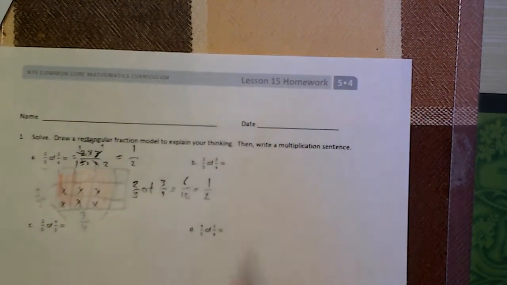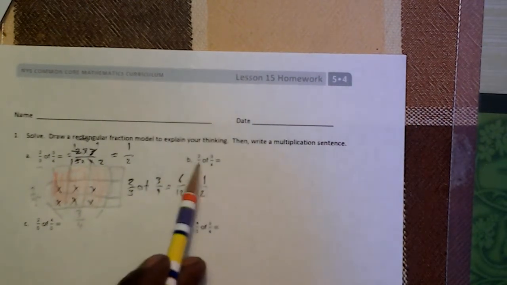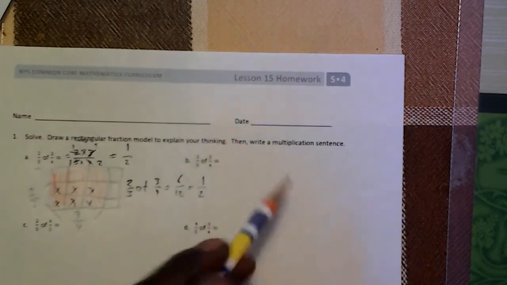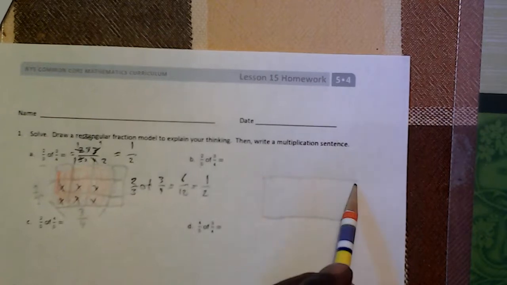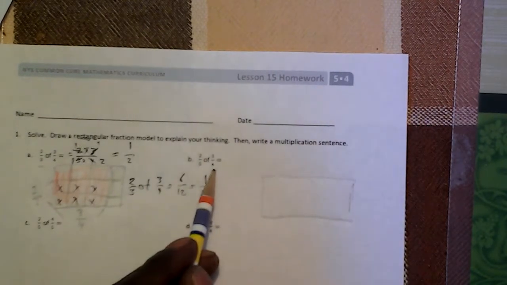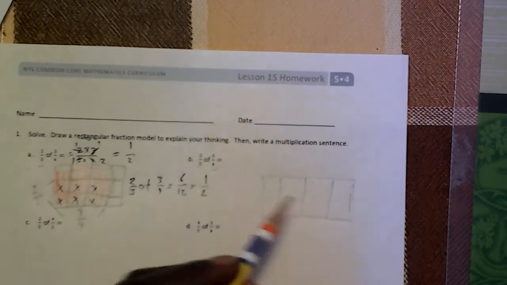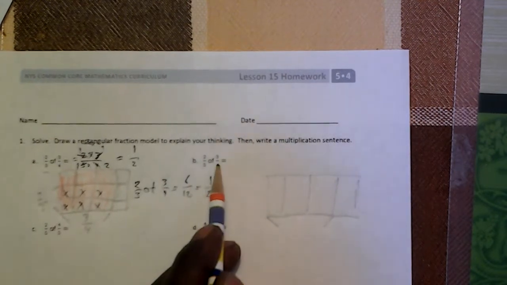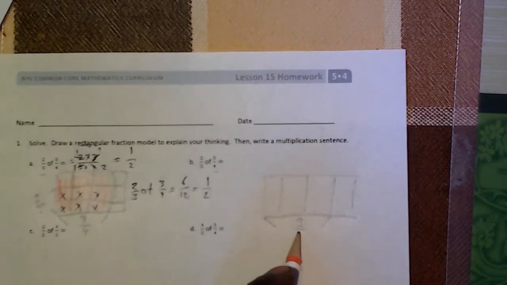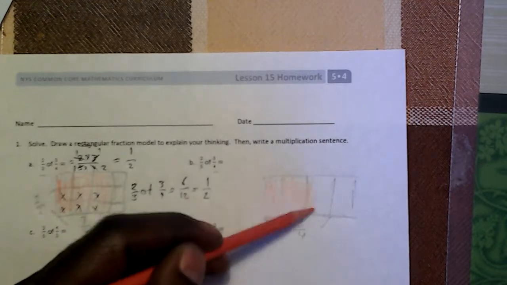So second one, I'm going to speed up a little bit, okay? So we need 2/5 of 3/4. So again, we do our box, our rectangle, and we split into how many pieces? 4 pieces. 1, 2, 3, 4, okay? And we label that what? 3/4. Very good, Tennille. Now, let's color that area in real light just so we can see it, okay?